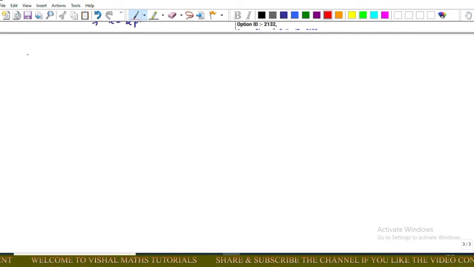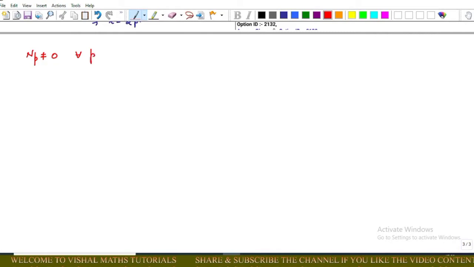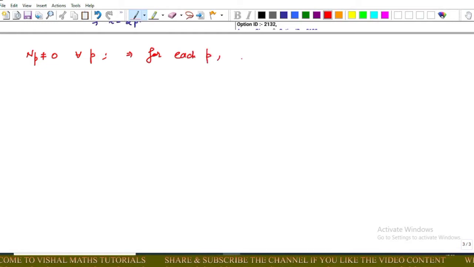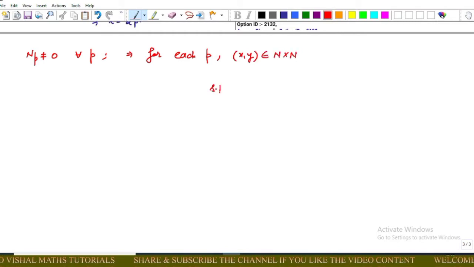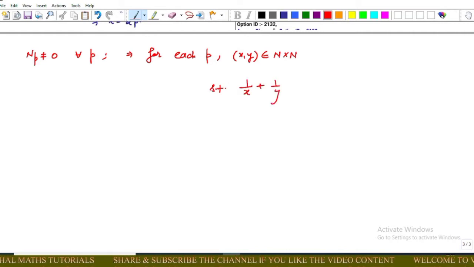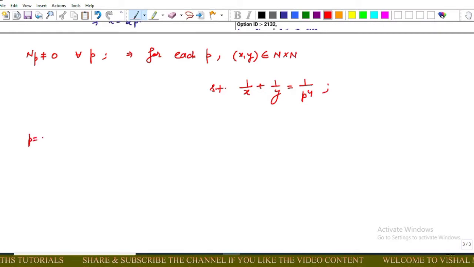From the above explanation, we have NP not equal to 0 for every prime number. This implies that for each prime number p, there exist x, y belonging to N cross N such that 1 upon x plus 1 upon y equals 1 upon p power 4. Now I take p equals 2, and you can also choose any prime number.